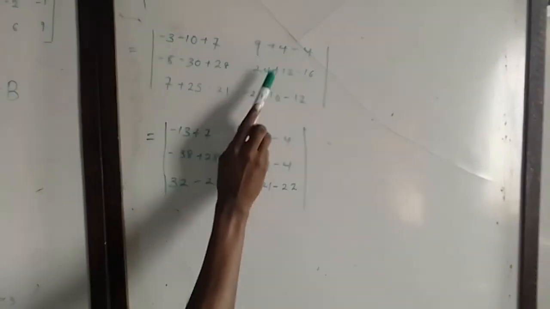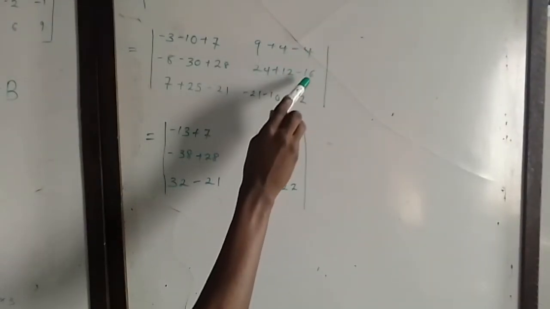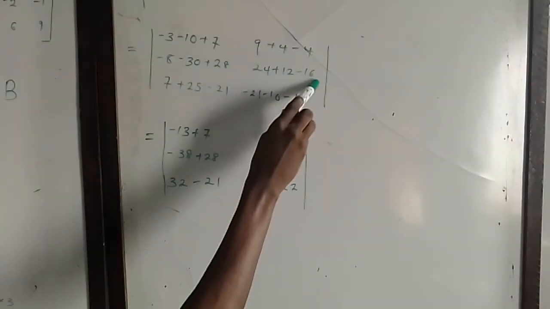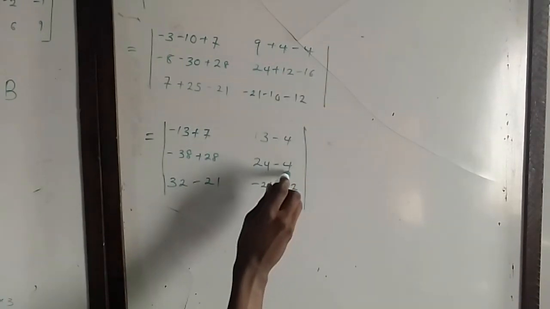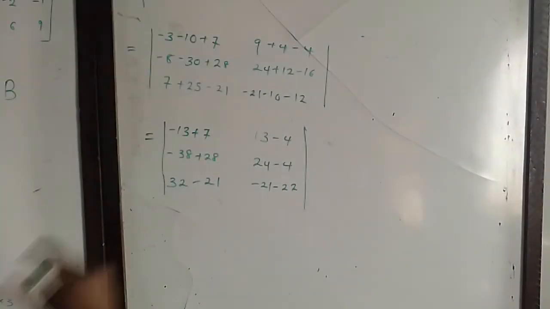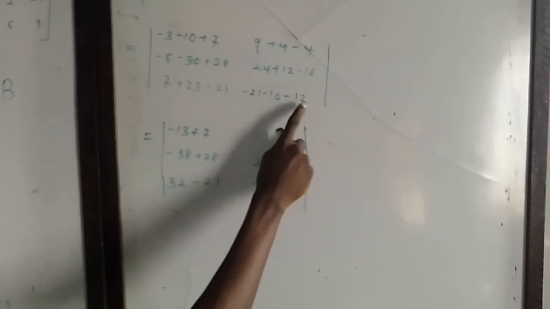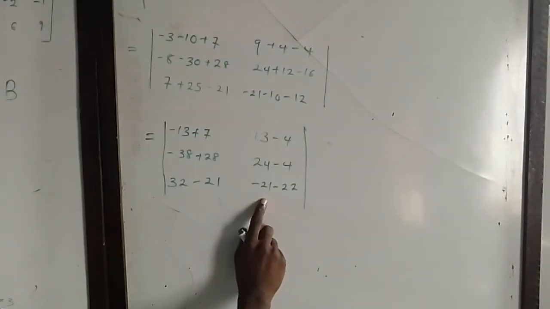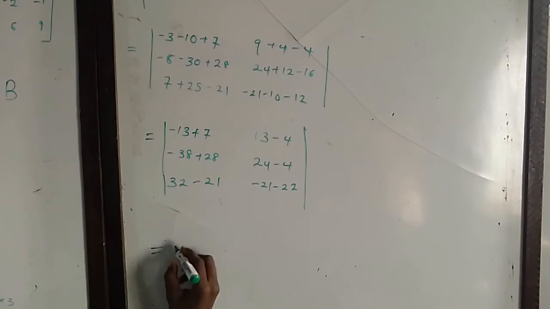Then 24 plus 12 minus 16. So 12 minus 16 is going to give you what? Minus 4. So minus 21 minus 10 minus 12 will give you minus 21 minus 22. So you are going to move forward.